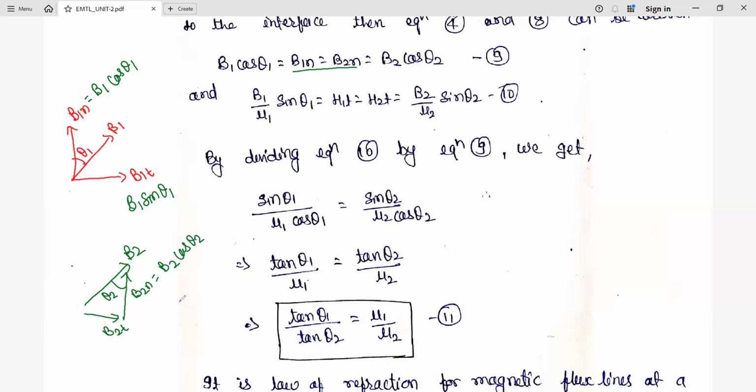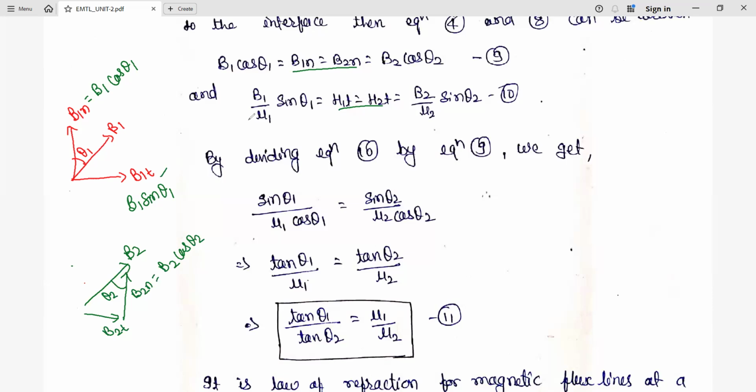And if you talk about the tangential components, we have seen here that H1T equal to H2T when K equal to 0. So the tangential component again, the same thing will come: tangential components come in terms of sine theta, and normal component comes in terms of cos theta.